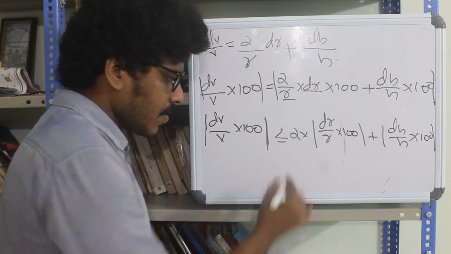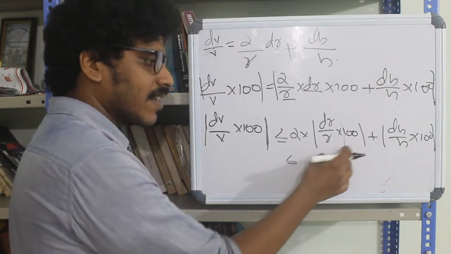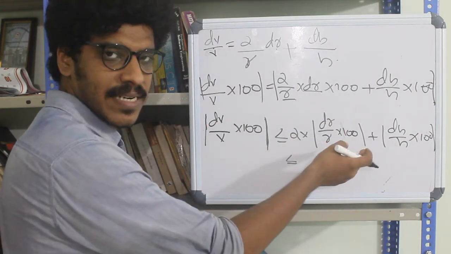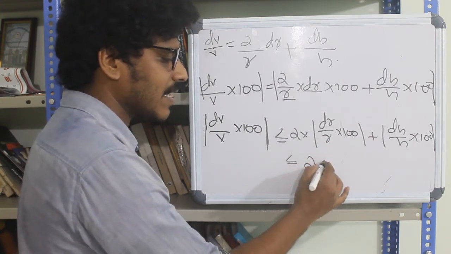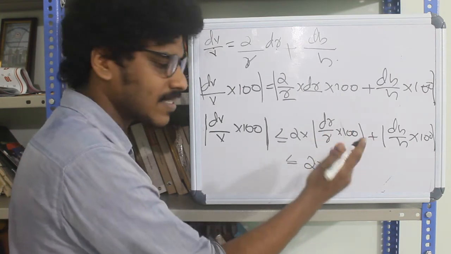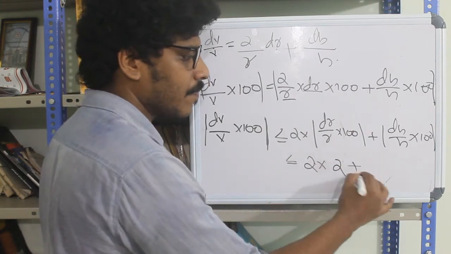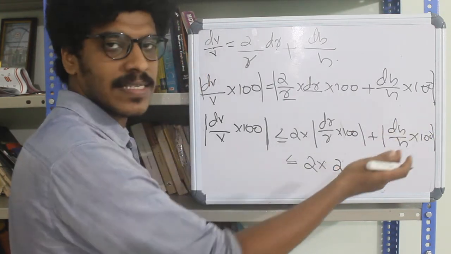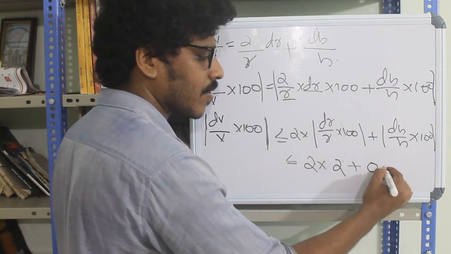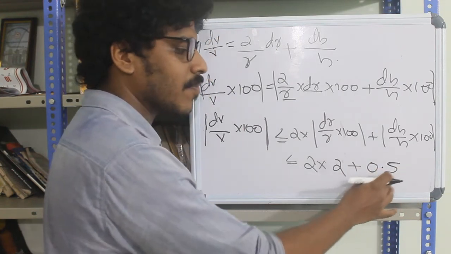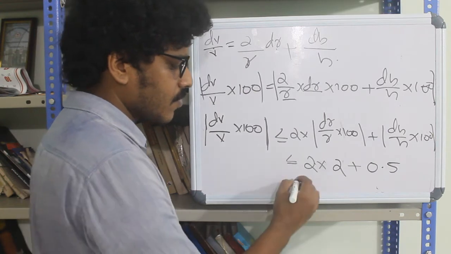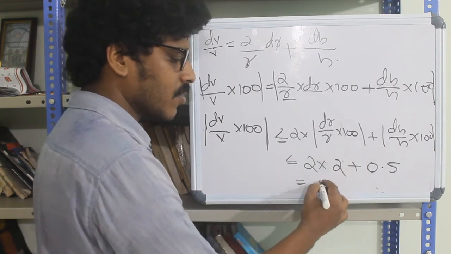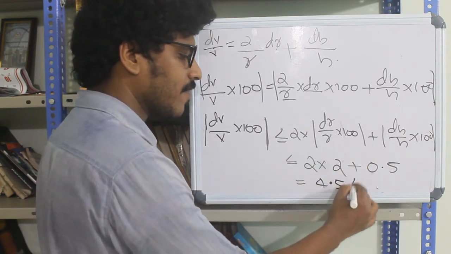Right, which will be less than or equal to, we can replace dr by r into 100 with 2, since the maximum percentage error of radius is 2%, plus dh by h into 100, which is given as 0.5, the maximum possible error intruded in the measurement of height. So what is this? 4 plus 0.5, which is 4.5%.